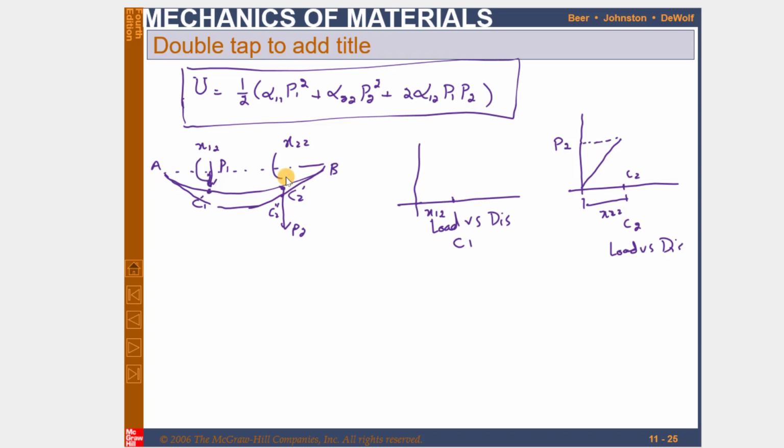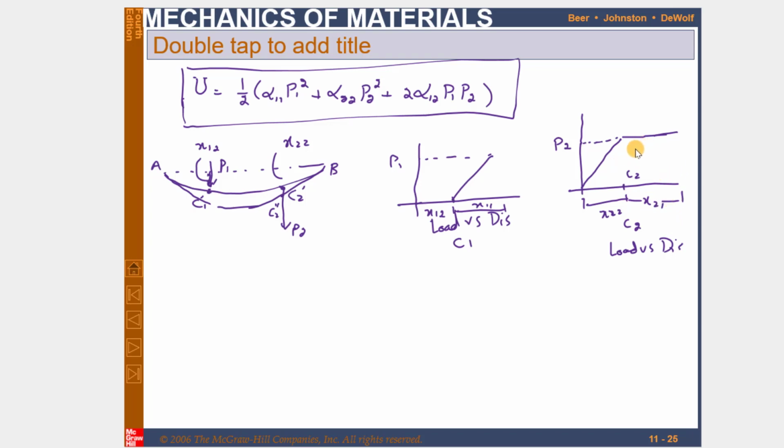Clear? And the displacement due to this P1 will be, let's say, x11. Total displacement x11 and this load is P1. And now the displacement here will be x21. Clear?